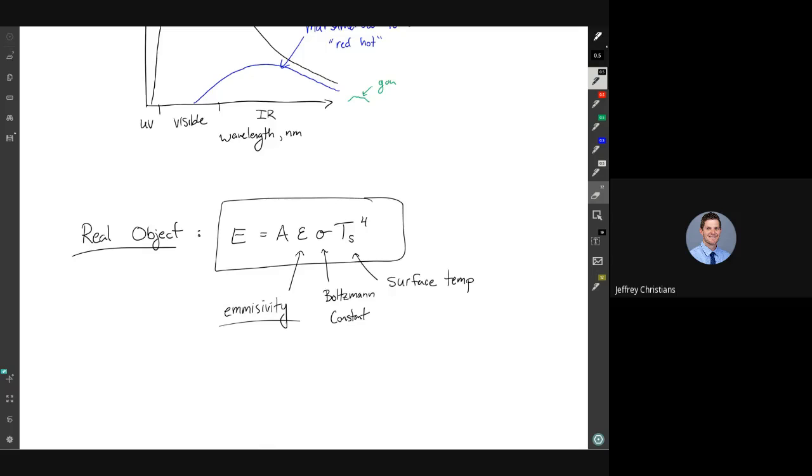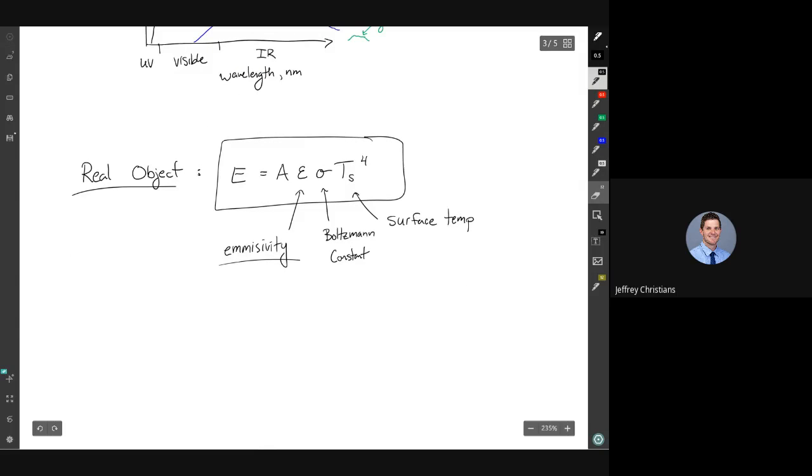So emissivity. Now, the flip side of that, right? Absorption and emission always go together, always. If you're emitting light, you can also be absorbing light. Those two are always linked. So this is for emission, but we have a very similar thing for absorption.